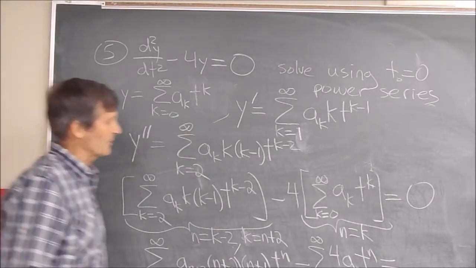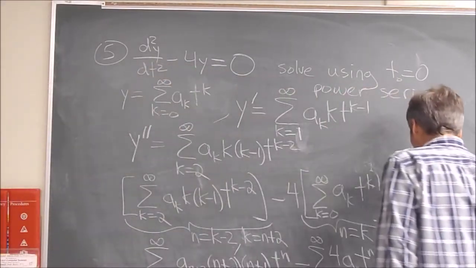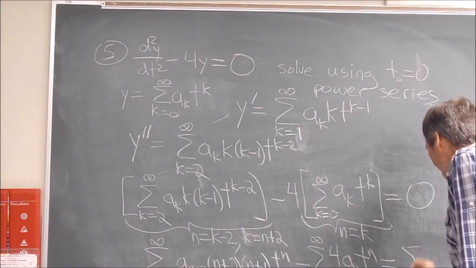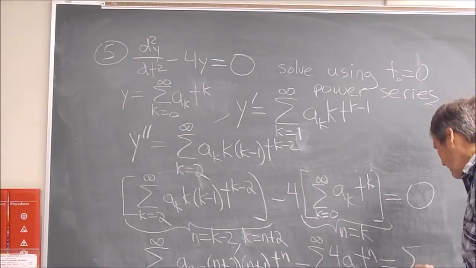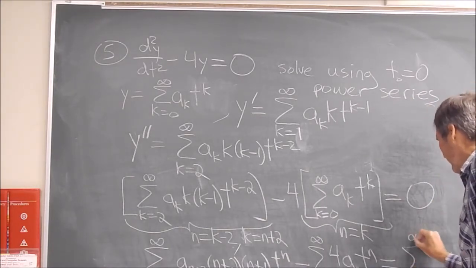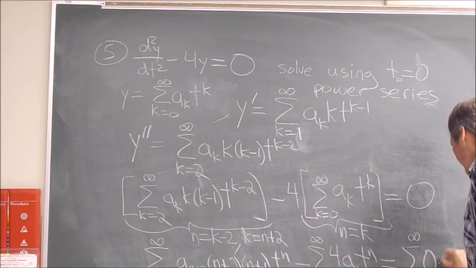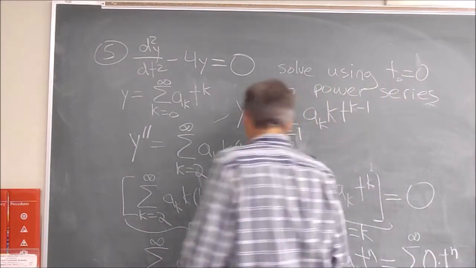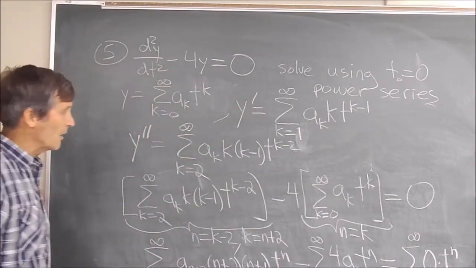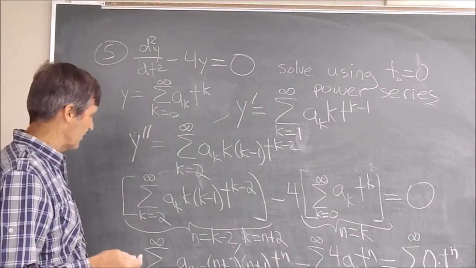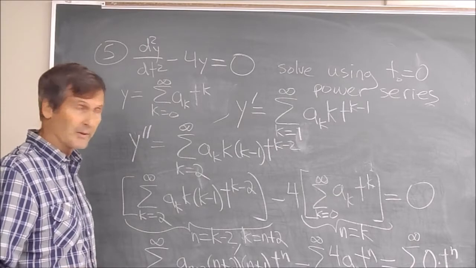And I'm going to do something with the right-hand side here that will help make clear what we're doing. 0 has as its power series the sum n equals 0 to infinity of 0 times t to the n, right? These all add up to 0, so this is a power series for 0. Now, moreover, you have to remember from calculus that power series representations are unique.